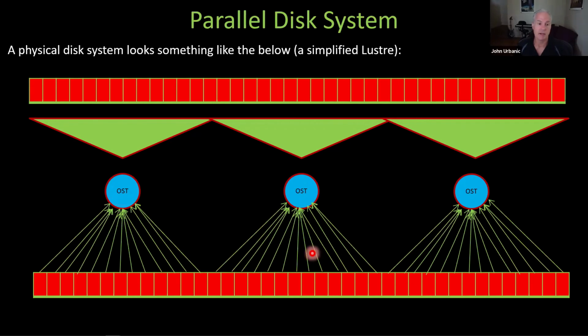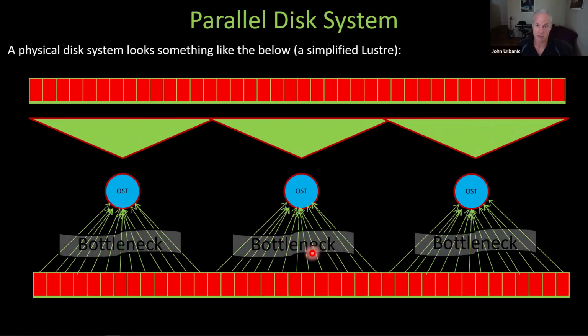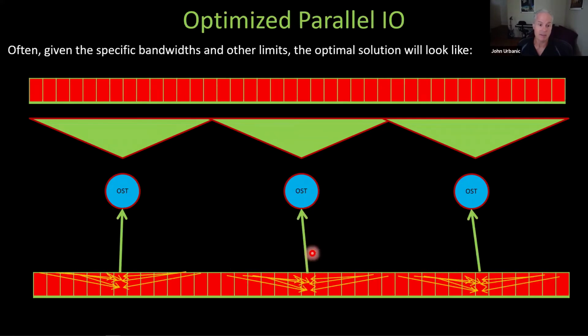Now, there's a very straightforward fix around this bottleneck that MPI is easily able to implement. Since we're using MPI, it is easy for all the PEs to send their data to a smaller subset of PEs, ideally maybe one for each OST that you have available on your particular file system. So if I know that my file system only has 3 OSTs, then I can have all the surrounding PEs send their data to this one PE, and it can write to the file system.